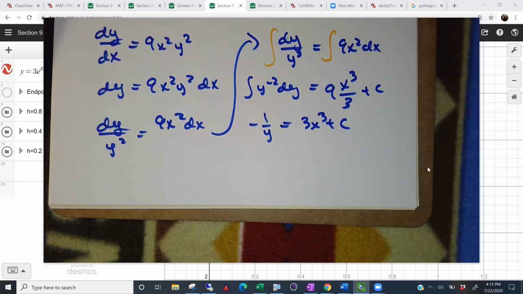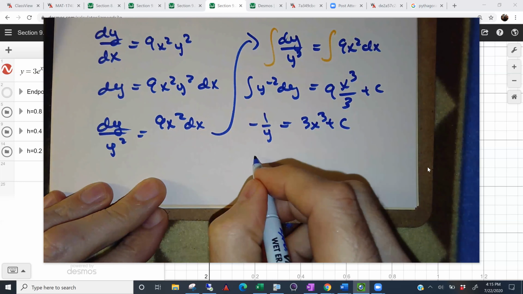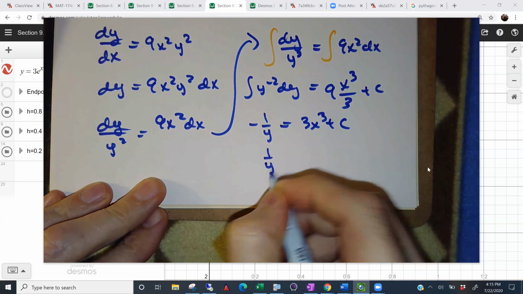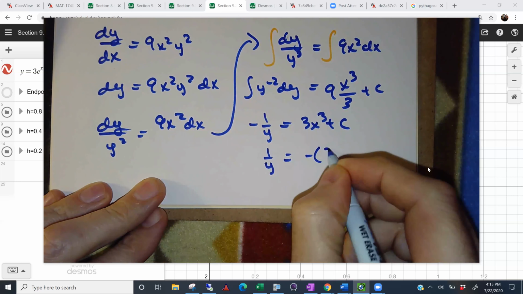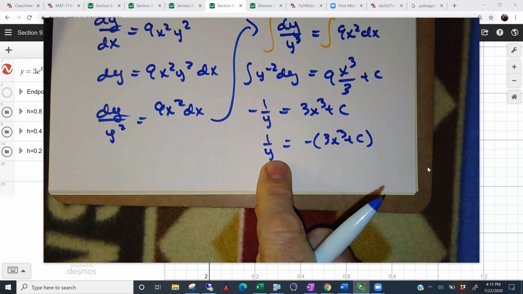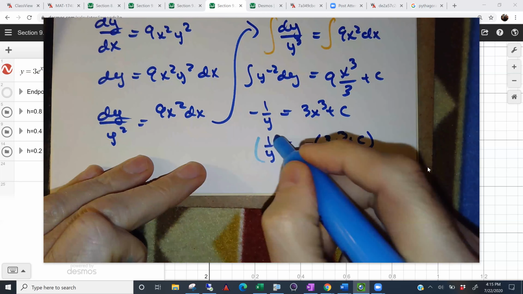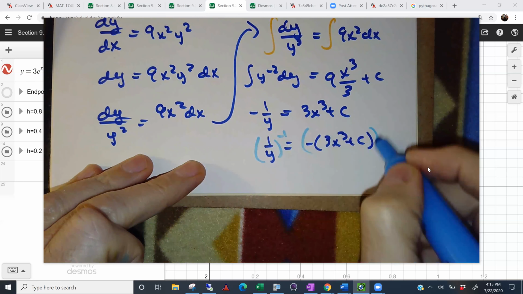Except the goal was to solve for y. So I'll start by multiplying both sides by -1. And I'm still not done. I can take the reciprocal on both sides, and kind of the fancy way that I can do that would be just to raise both sides to the negative first power.